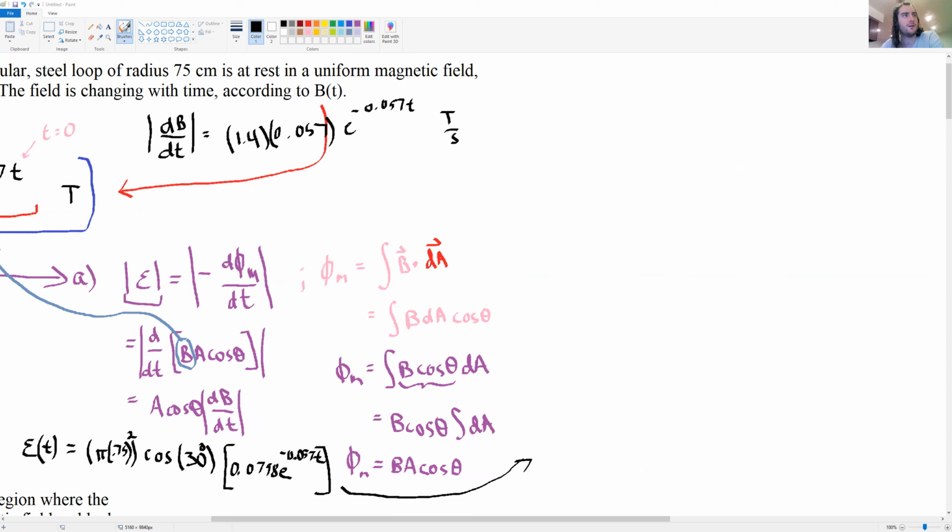So that coefficient is our initial EMF, which we need for part B. I just need the coefficient here. Okay, so I have an answer. So you guys let me know if you got the same answer.